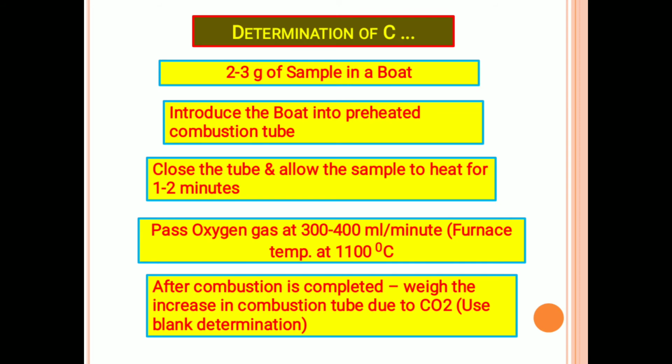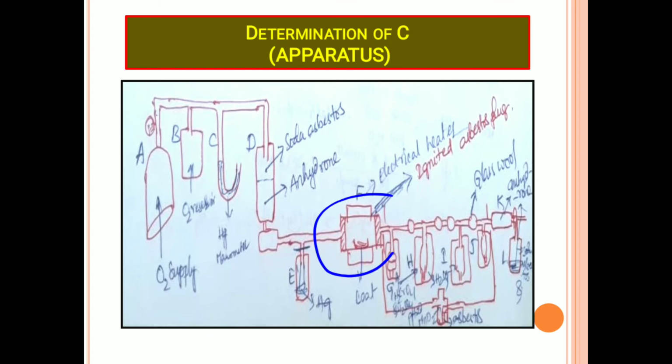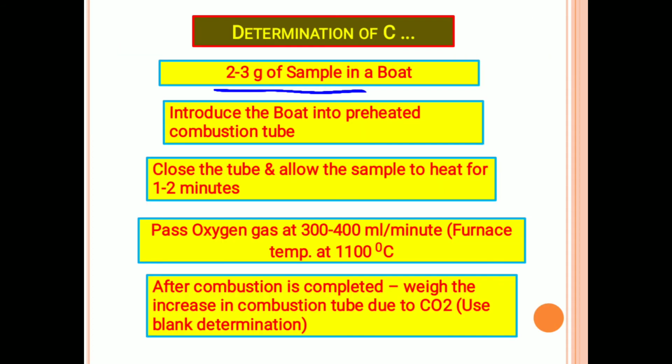So what is the process to determine carbon? You need to take 2 to 3 gram of the steel sample in a boat, and introduce the boat into a preheated combustion tube.